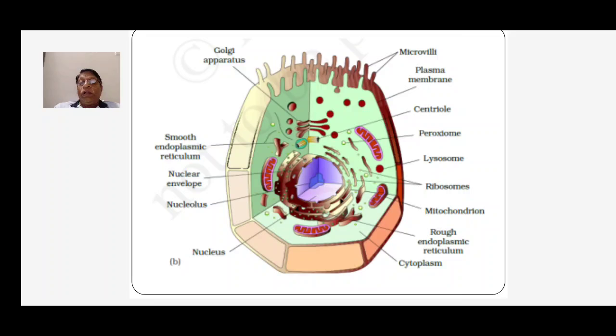Carbohydrate is stored in the form of starch in the plant cell, but in the animal cell it is stored in the form of glycogen. So this is also very important for 3 or 5 marks: differentiate plant cell and animal cell.